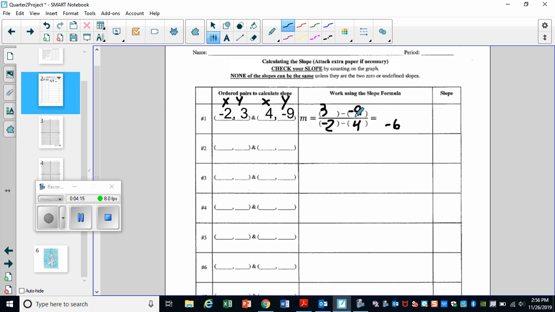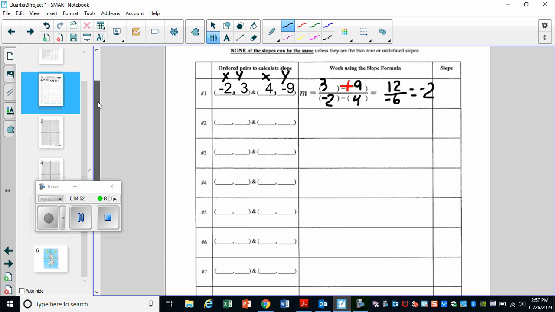But notice how you have a minus negative. So really the minus negative in the end becomes a plus 9. So your numerator would be 12 divided by -6, and the result is -2. So that's an example of listing your ordered pairs, using your work to calculate the slope, and simplifying your results. You would repeat this process for 10 total slopes.